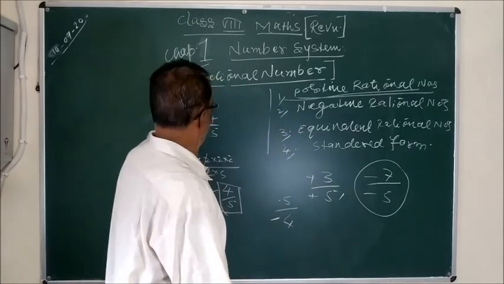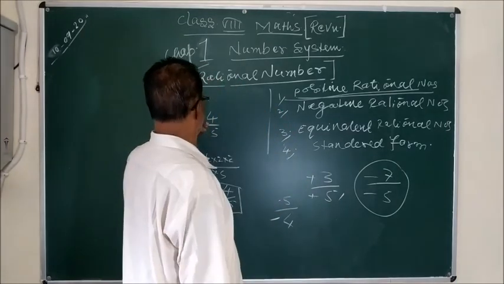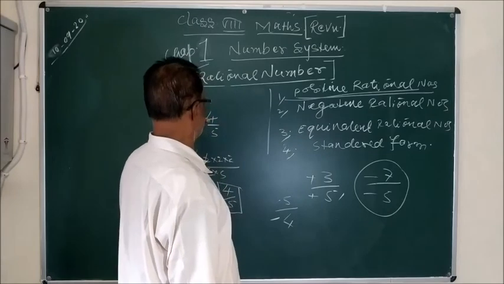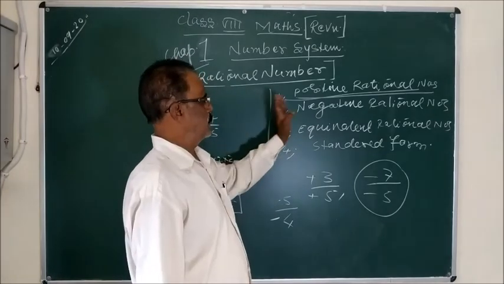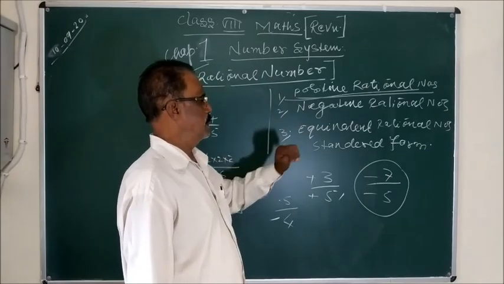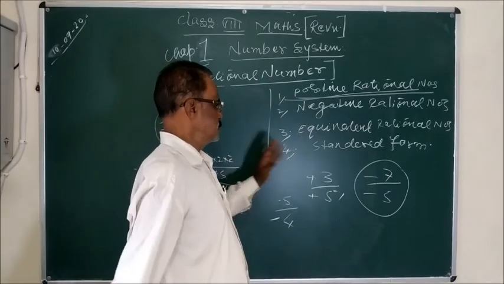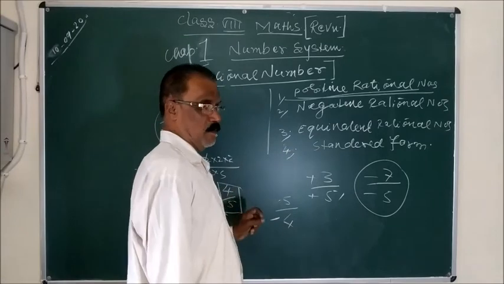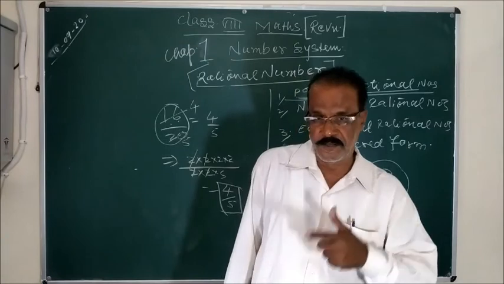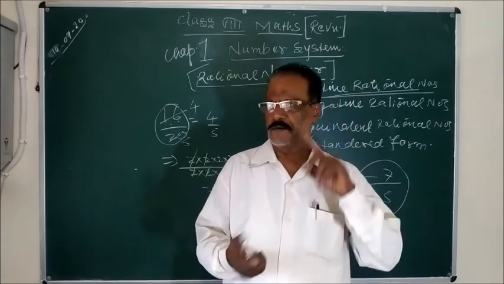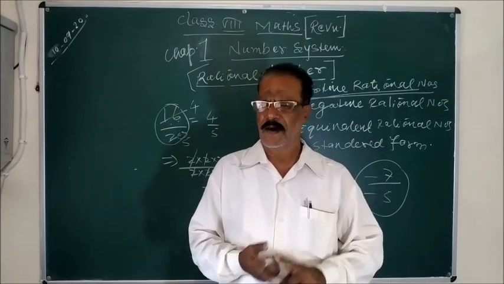So I have explained natural numbers, integers, whole numbers, positive rational number, negative rational number, equivalent rational numbers, standard form. Yani if a fraction is written in the form of lowest term, we cannot reduce further.